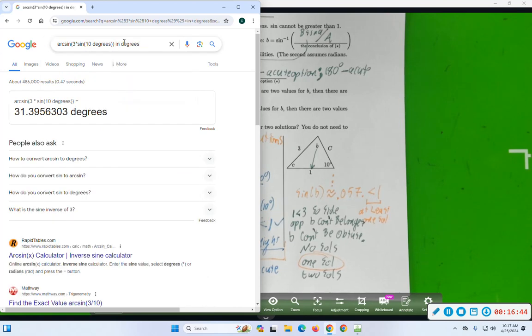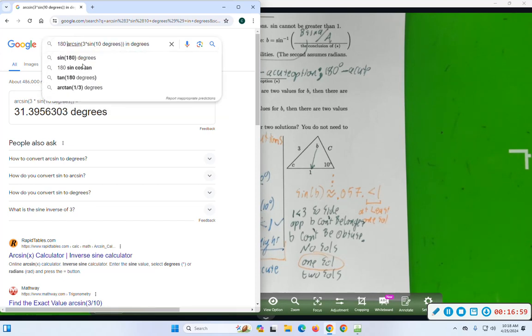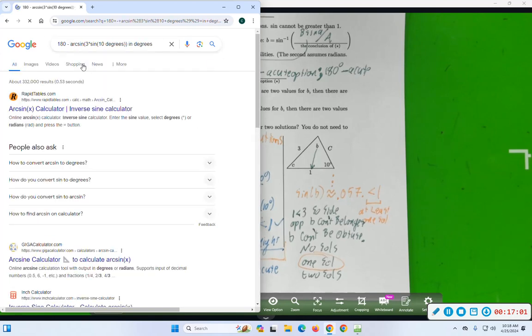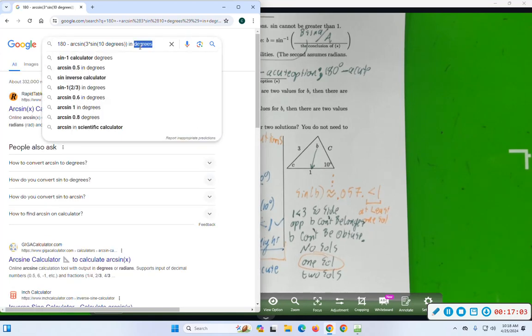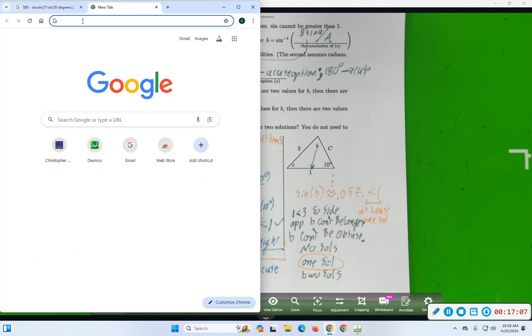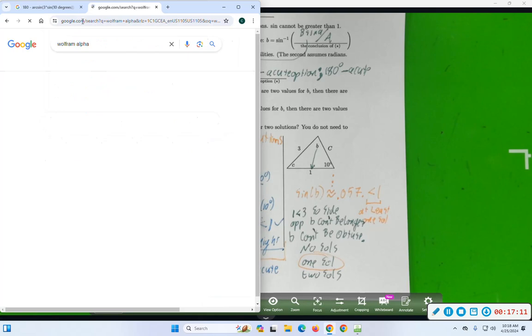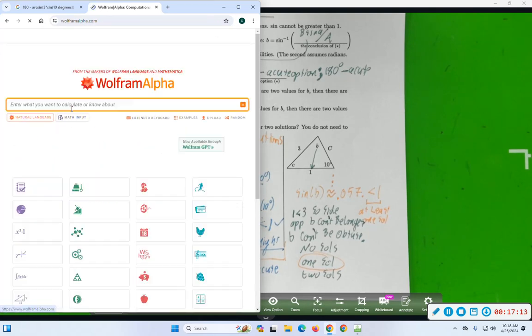Make sure you're on degree mode. I get 31.39. So far, so good? All right. So now, if I want the obtuse option, I need 180 degrees minus that. You can do this on your calculator easier than I can with the tools I have.